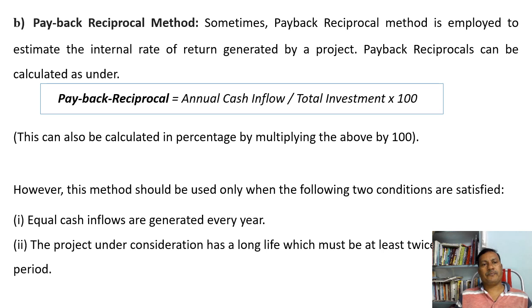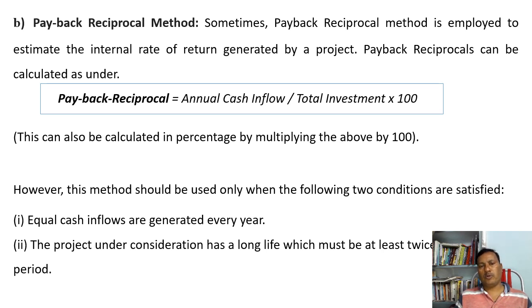The second development in the traditional approach of payback period is the payback reciprocal method. The payback reciprocal method is employed to estimate the internal rate of return generated by a project. Payback reciprocal can be calculated with a formula: annual cash inflow divided by total investment into 100.